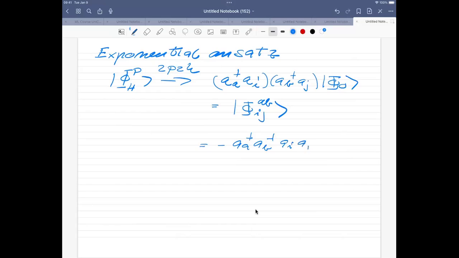So we have an AIJ here acting on phi 0. And then we don't want to have the minus sign, so we simply interchange I and J. And then we get this form, which we have seen many, many times, for a two-body operator. So this is AJ, AI acting on phi 0. So we start with a particle-hole pair to a given power.